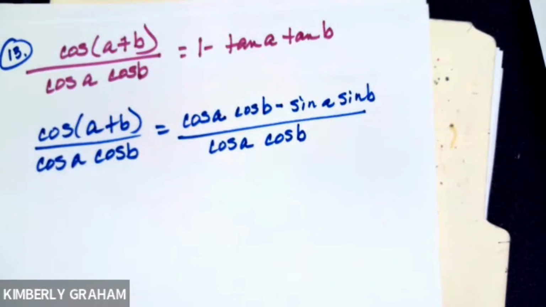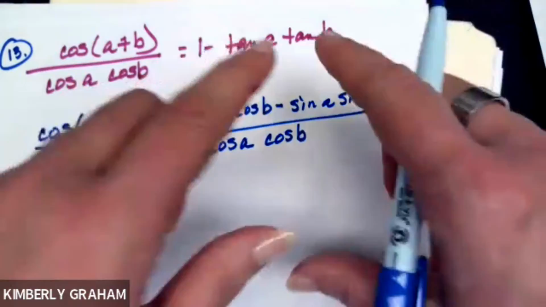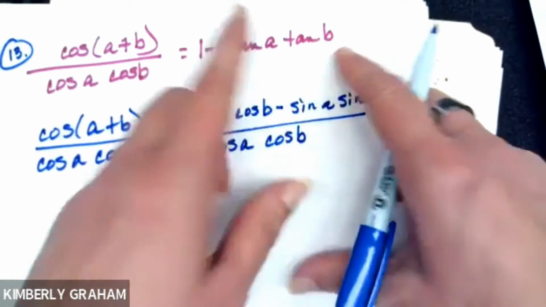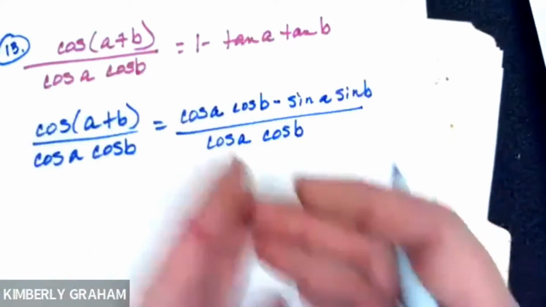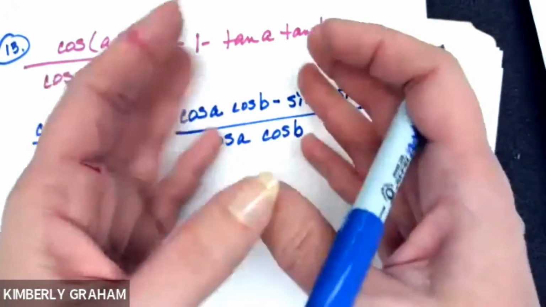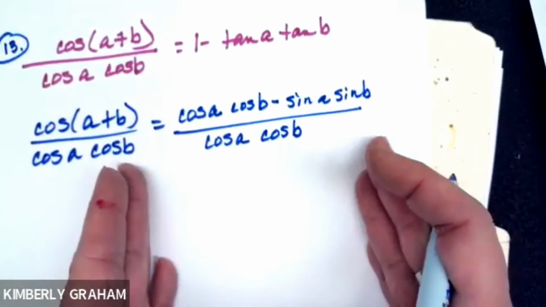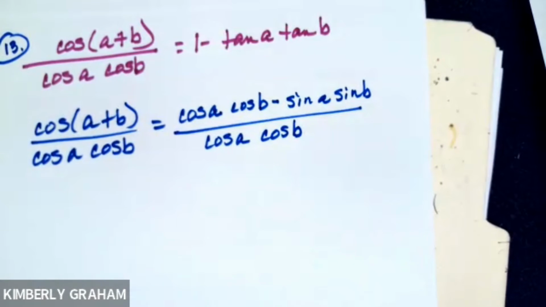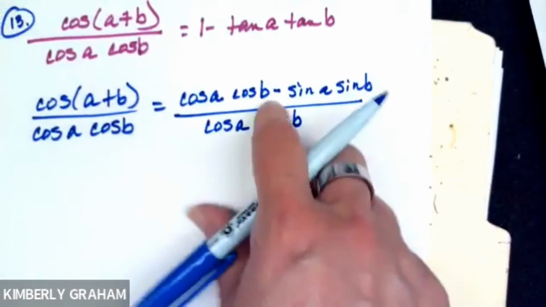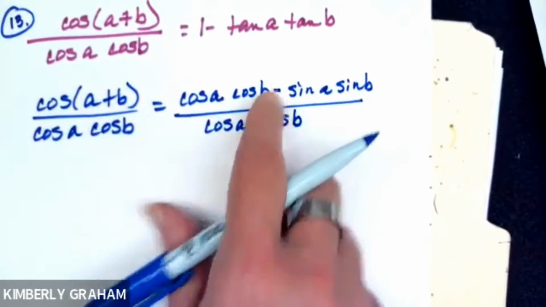So look at what you're trying to prove, right? You want this as 1 minus something. You want this as 2 different terms. Right now, I have this 1 fraction, and I would like to be able to get 2 terms out of that. Well, I can split this up because I've got a subtraction here in my numerator.